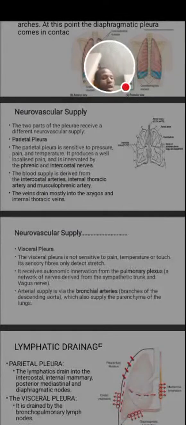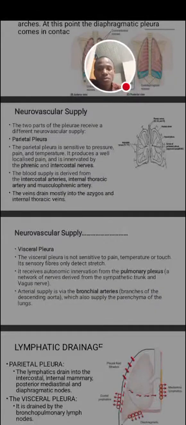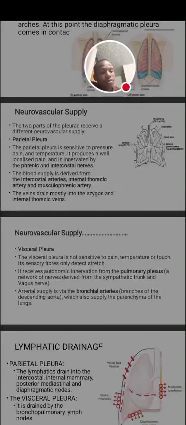Bronchial arteries. Moving away from there, we talk about the veins. What are the veins? Intercostal vein, for the venous drainage, the internal thoracic vein and the azygos vein.